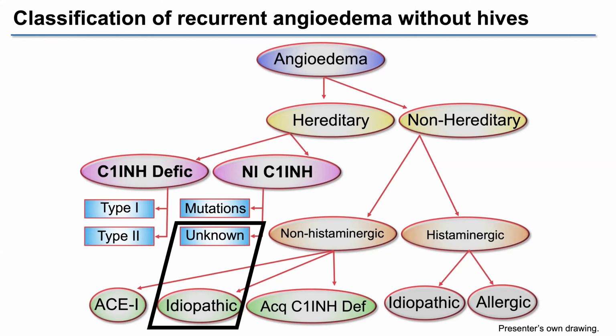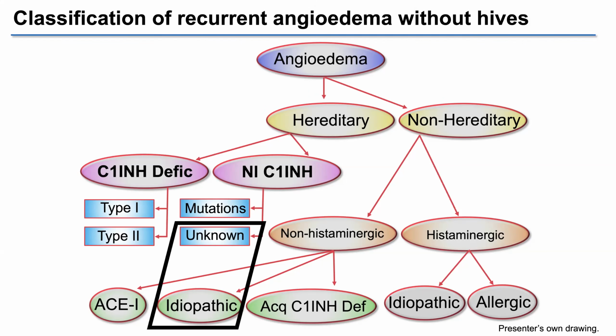The reason for that is that there is relatively low penetrance of the mutations in HAE with normal C1 inhibitor. So unlike HAE with C1 inhibitor deficiency, we can see silent carriers in HAE with normal C1 inhibitor, and that makes it very tough to know: is it hereditary angioedema or is it not?